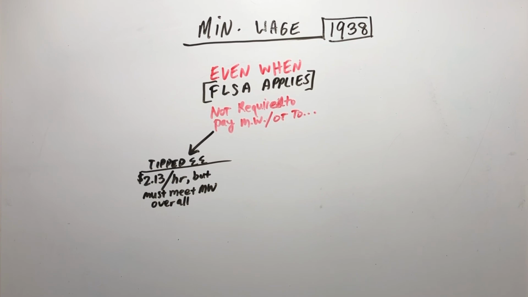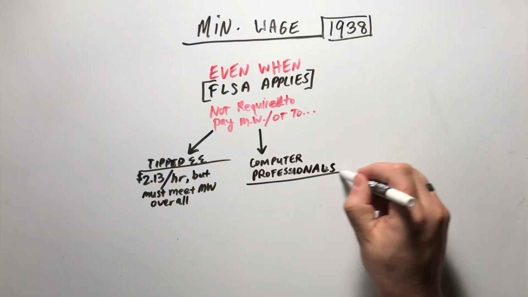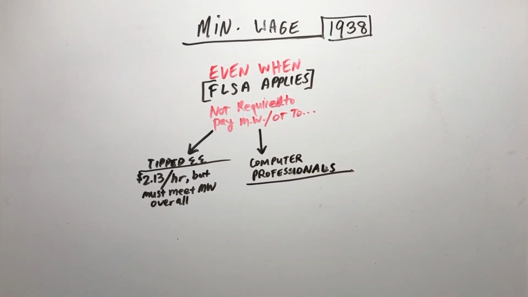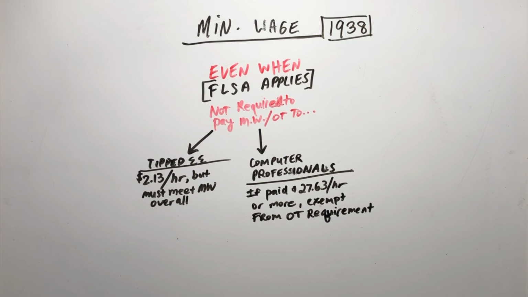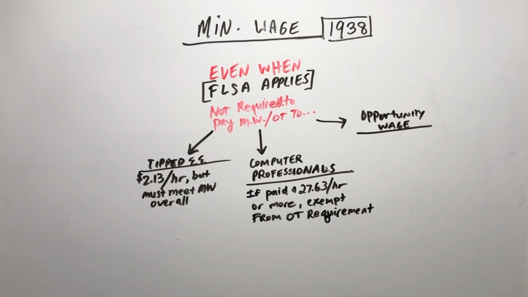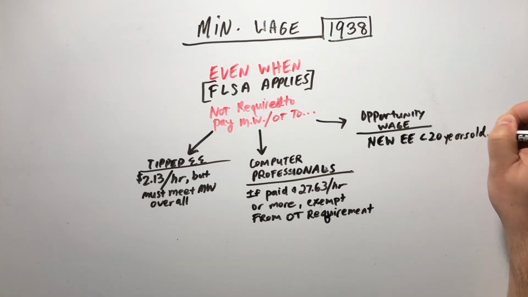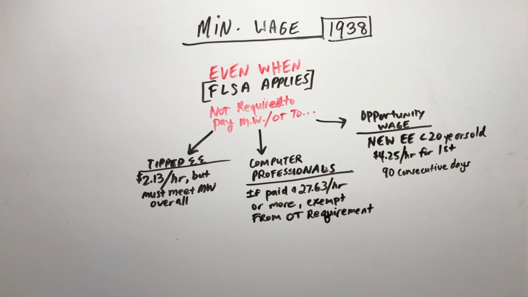So with their tips included, they must still make the minimum wage. Computer professionals, if they're paid $27.63 per hour or more, they can be exempt from the overtime requirements. And for those who qualify for the opportunity wage, these are new employees less than 20 years old who qualify. They can be paid $4.25 per hour for the first 90 consecutive days.